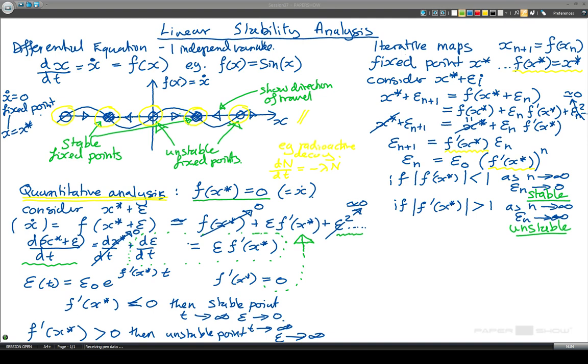Again, there's also the case of what happens if the gradient is equal to 1, and we'll look at that in a moment. First of all, what I want to do is introduce the Lyapunov constant.